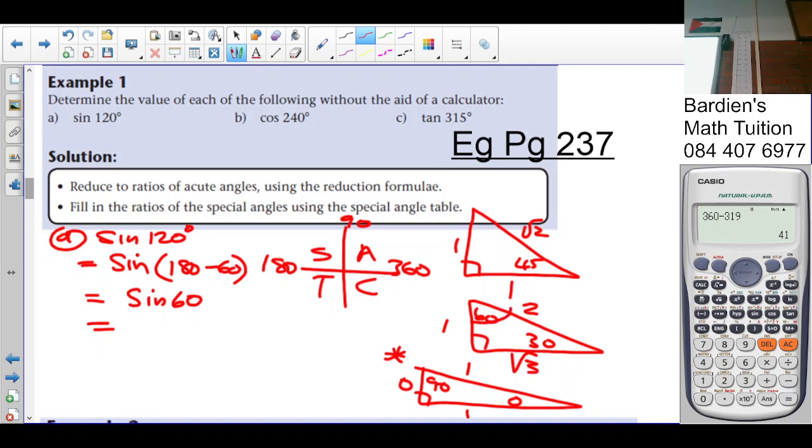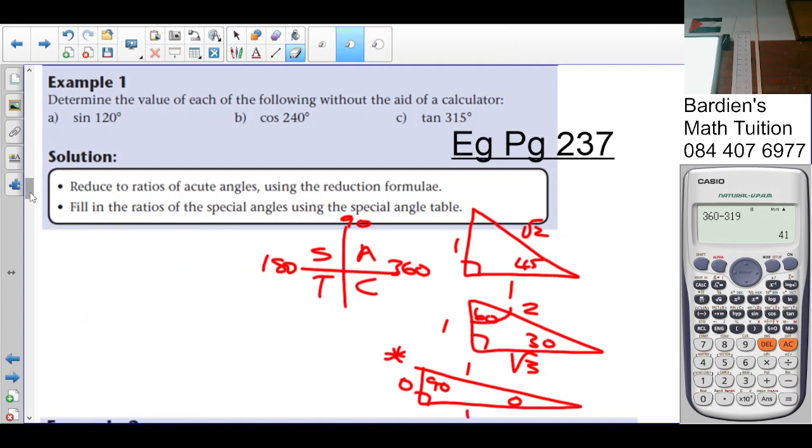What does sine stand for? Opposite over hypotenuse. So what's opposite to 60? Root 3. So that's going to be root 3 over 2. You guys understand? Right.